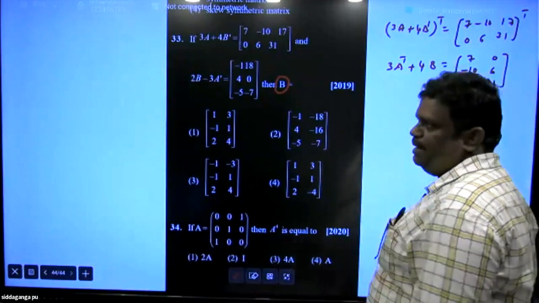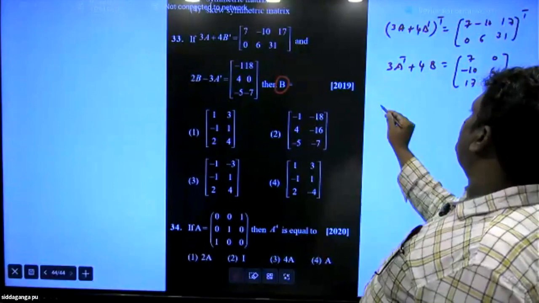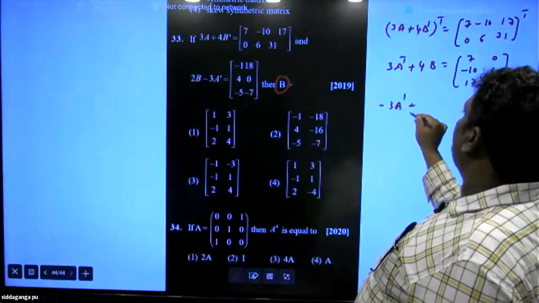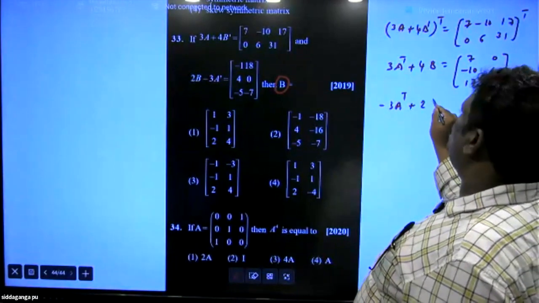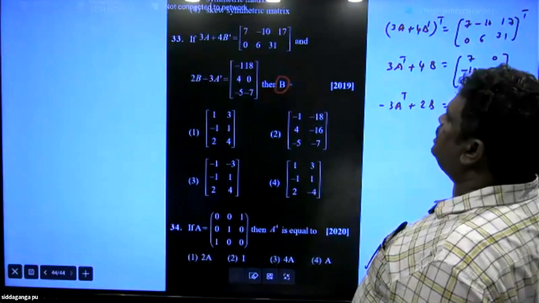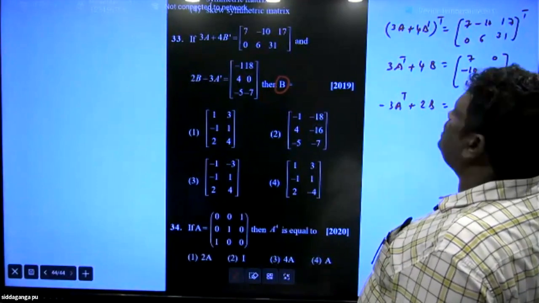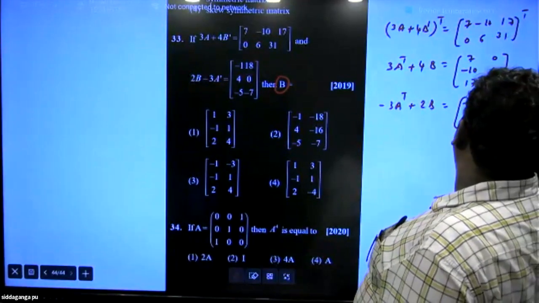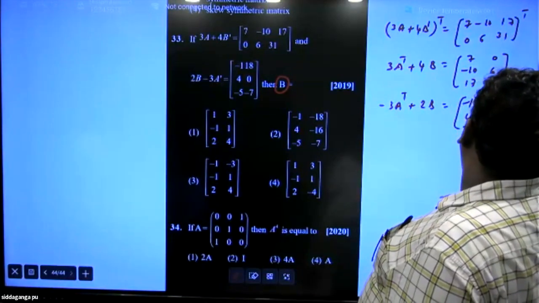This is the transpose of the matrix. And again another matrix given. Now we write minus 3A dash plus 2B, that value is equal to minus 1 18 4 0, next minus 5 minus 7.